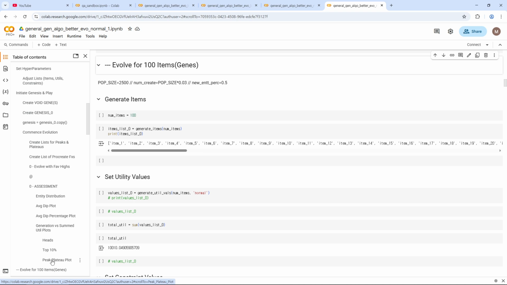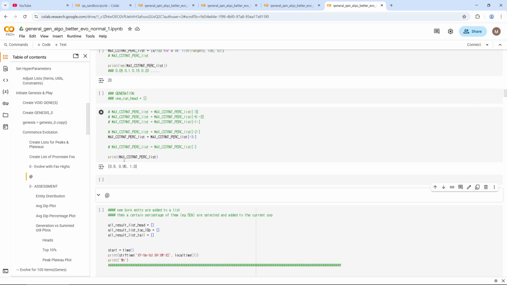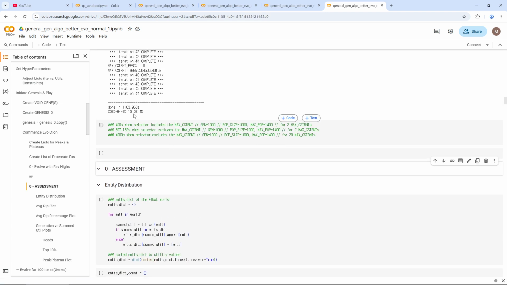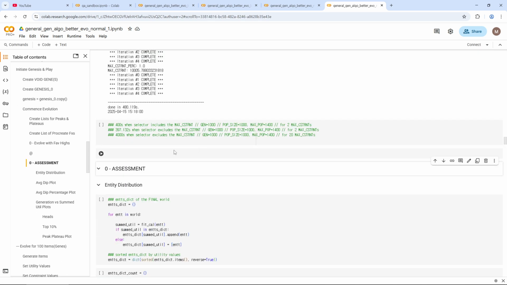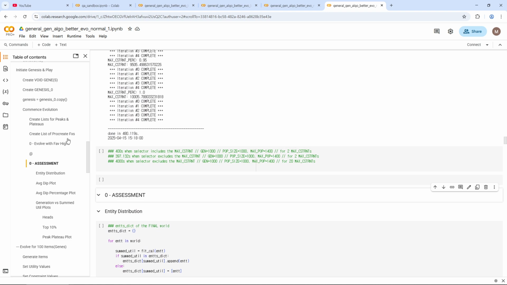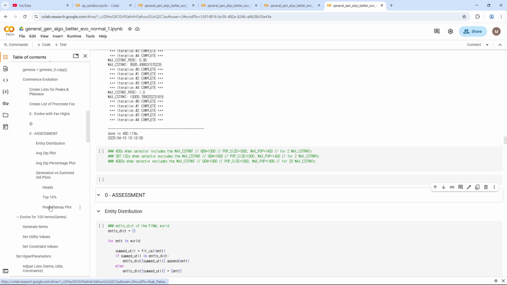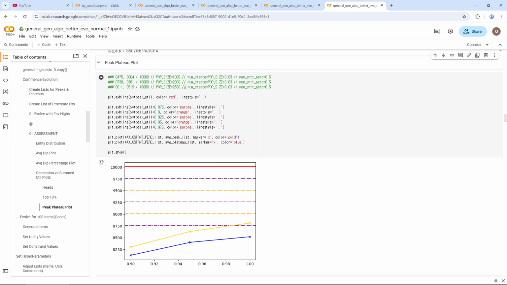I don't want to say cheated, but cut some corners, and I only did the last 3 maximum constraint percentages. So it's 90%, 95%, and 100%, which takes about 20 minutes for 2500. So let's just jump to it.